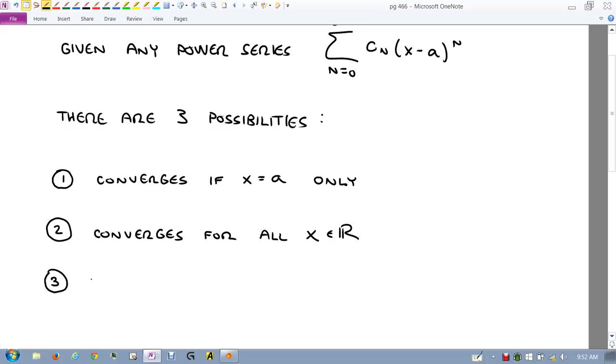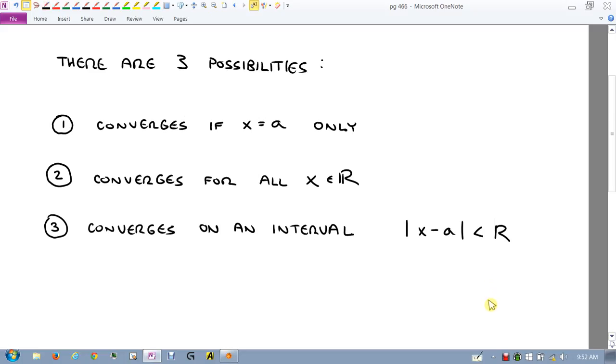it only converges on an interval where the absolute value of x minus a is less than some capital R. And I'll put under here also the interval, because that's an interval, right?